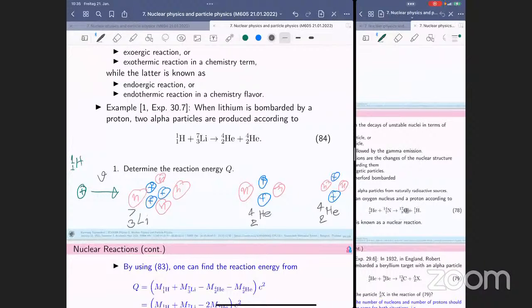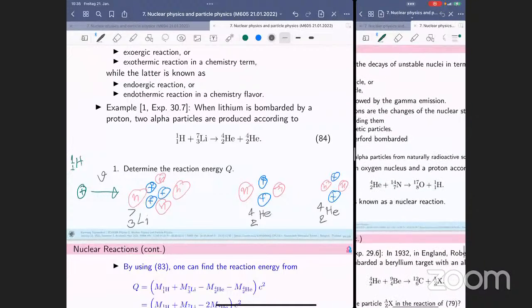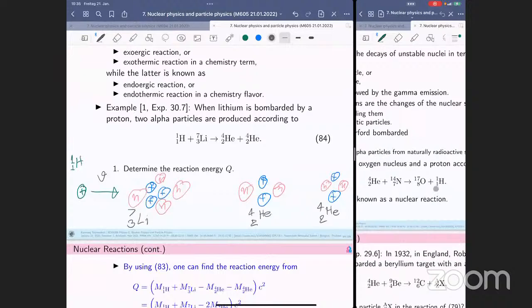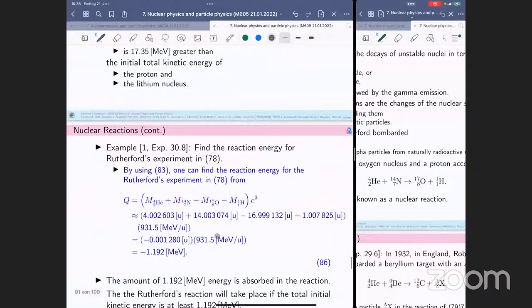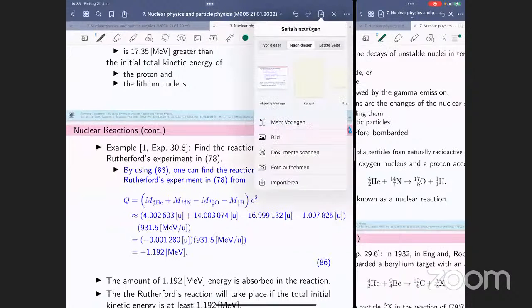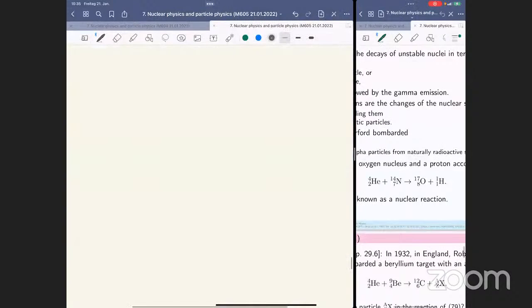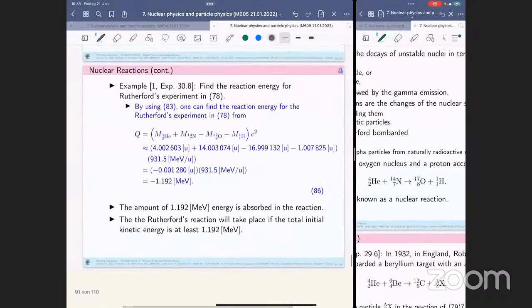It's not oxygen 16. And together with a proton. Let me write down what is going on in the Rutherford experiment.